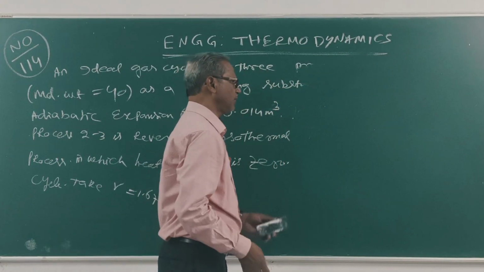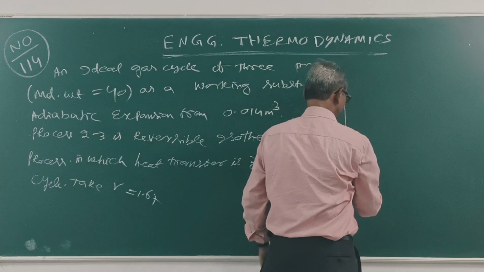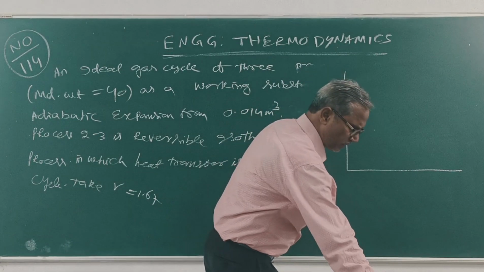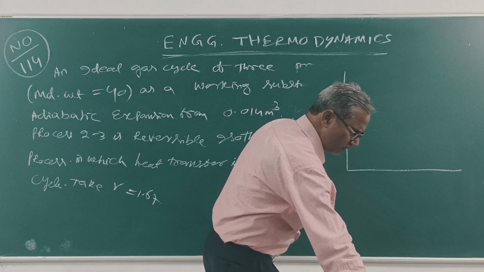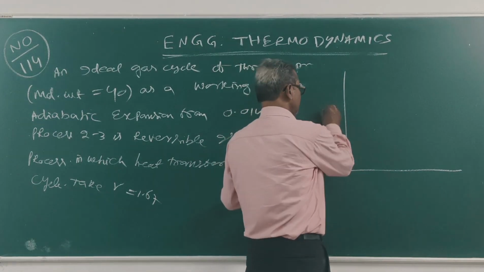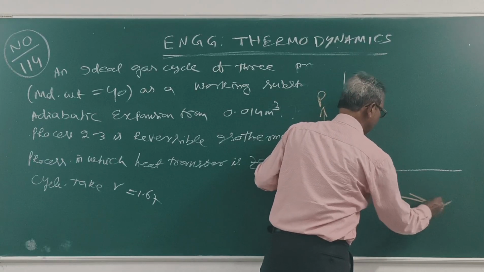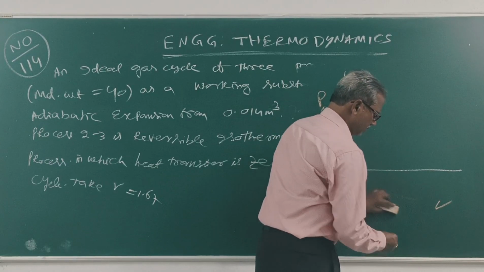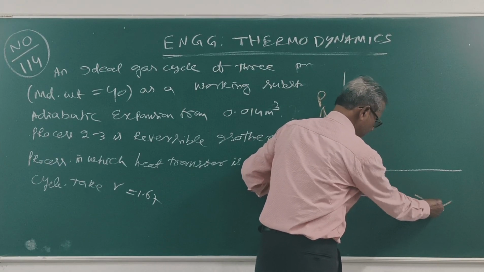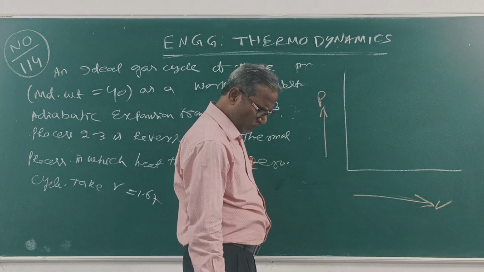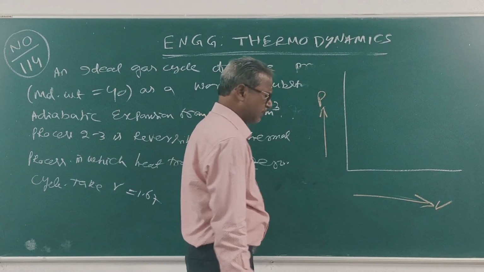Right? This is pressure P, volume V. The process 1-2 is adiabatic expansion.